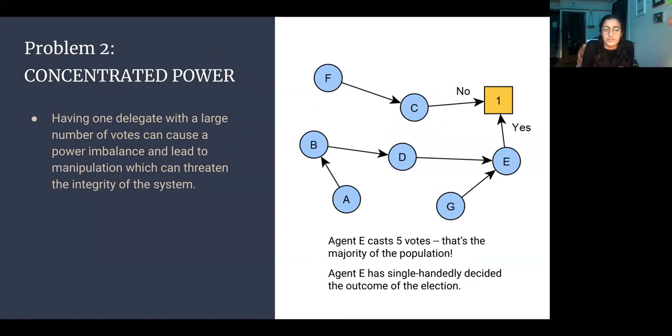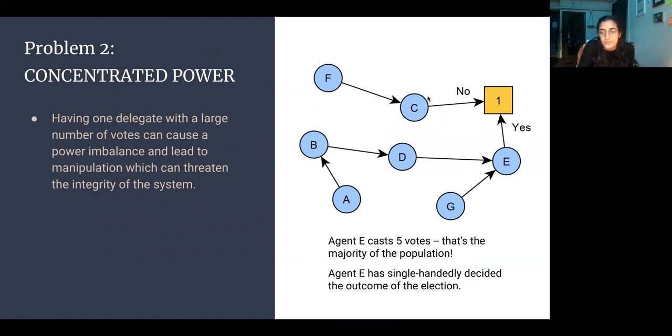Another issue that we run into with liquid democracy is that oftentimes one delegate can end up with a large number of votes, which can cause, for example, a power imbalance, which could lead to multiple different kinds of issues, such as manipulation, and in general it can threaten the integrity of the system.